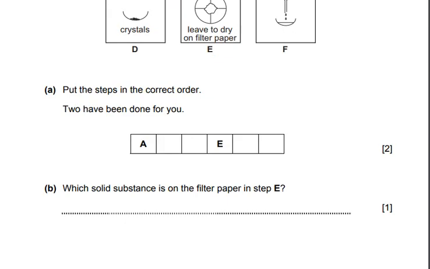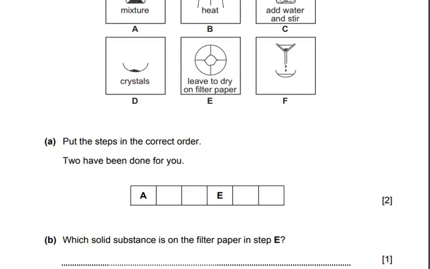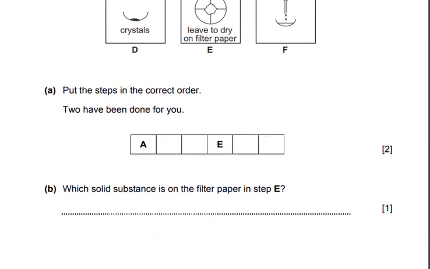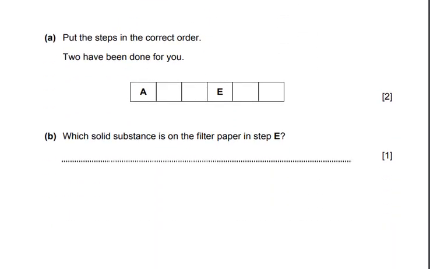If you look at step E, there is something left on the filter paper. So it is sand. How do you know it is sand? Because the question mentions we have salt and sand. We know that salt dissolves in water, so it will not be left on the filter paper. So the right answer is sand.